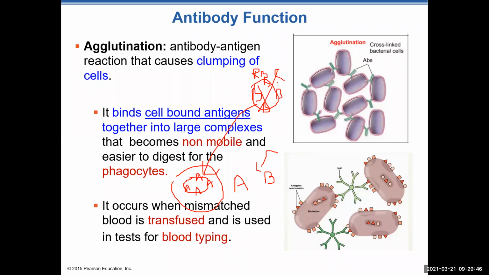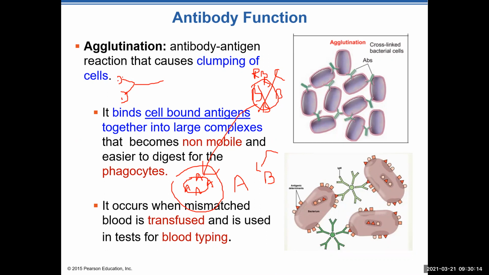What is agglutination? We know that antibodies have two or more sites for binding. These are called sites for binding, right? These sites can bind to the antigens. They don't have only two, they can have more than two sites for binding to the antigen. So these antigen-antibody reactions will cross-link the pathogens to one another.